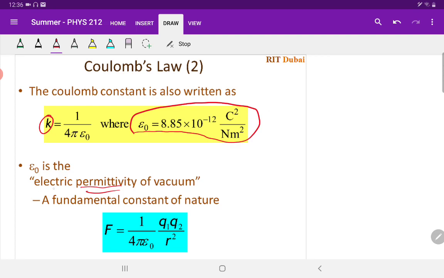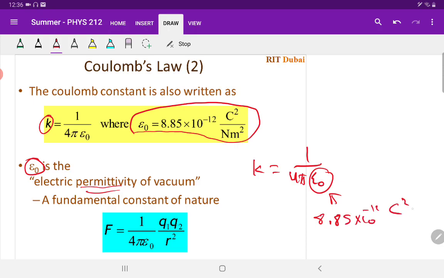So we use the letter epsilon naught to describe this Coulomb constant. K equals 1 over 4 pi epsilon naught. Keep in mind that epsilon naught is defined as 8.85 times 10 to the power minus 12 Coulomb square per Newton meter square. Again, you don't have to memorize this one.